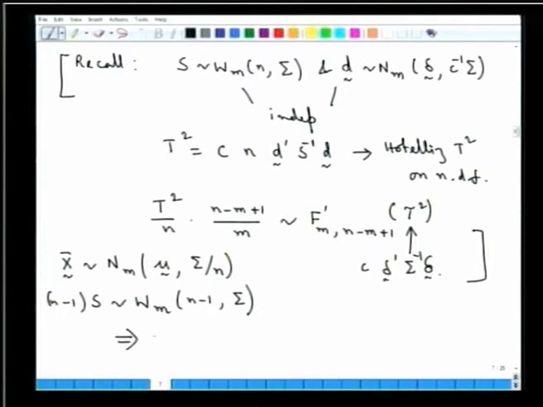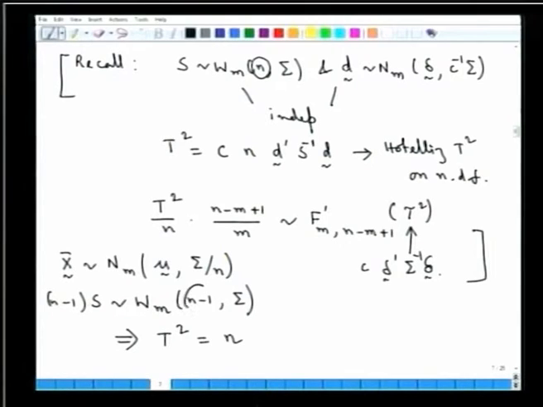So we will have this t squared statistic being given by C times n. Now what is C here? C inverse is n inverse. So C is our n, and what is our n? N in this definition of the Hotelling's t-square is the degrees of freedom associated with the Wishart distribution.